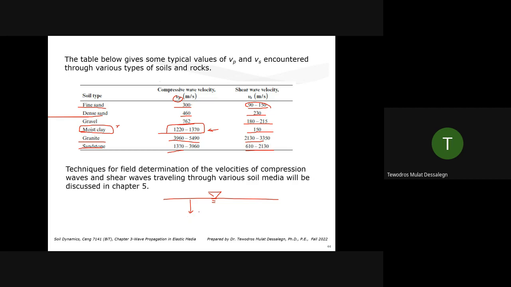Density also increases, but the increase in rigidity and elastic modulus is higher, so VS and VP get much higher. You can see it here. Usually at the shallow surface, you have loose soils, fine sand, maybe 300. And at some point, you may hit bedrock. That bedrock can be granite or sandstone. See how much you have.